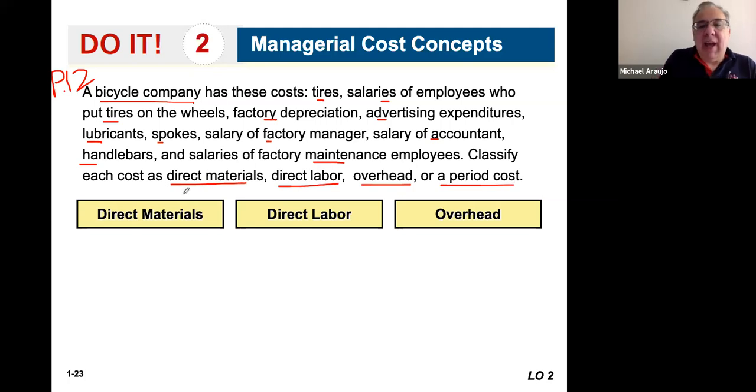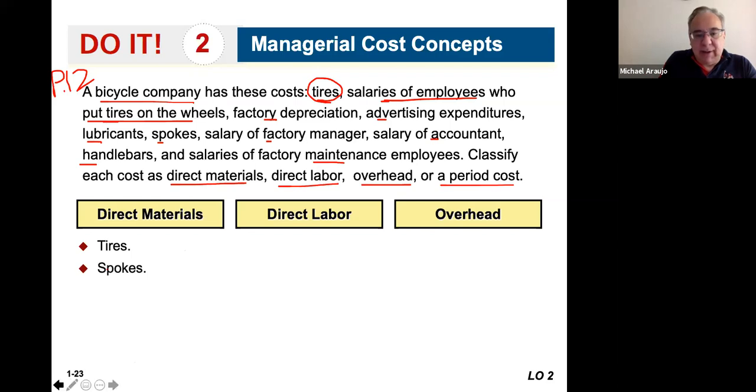And so when you look at the actual tires themselves, where would that fit in? Well, it should fit in under direct materials because this is the bicycle company, they're making the bicycles. So tires are direct materials. When you're looking at the salaries of the employees who actually put the tires on the wheels, that's going to be direct labor.